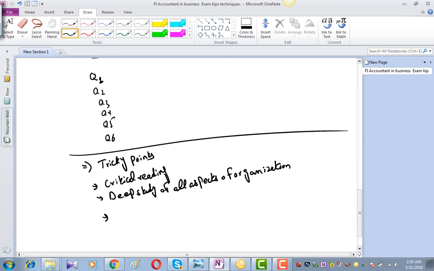Third is adopt the habit of discussing concepts with other fellows, and try to listen to others and explain your point of view to others. It will increase your chances to get the right concept very easily. So third point is discussions.